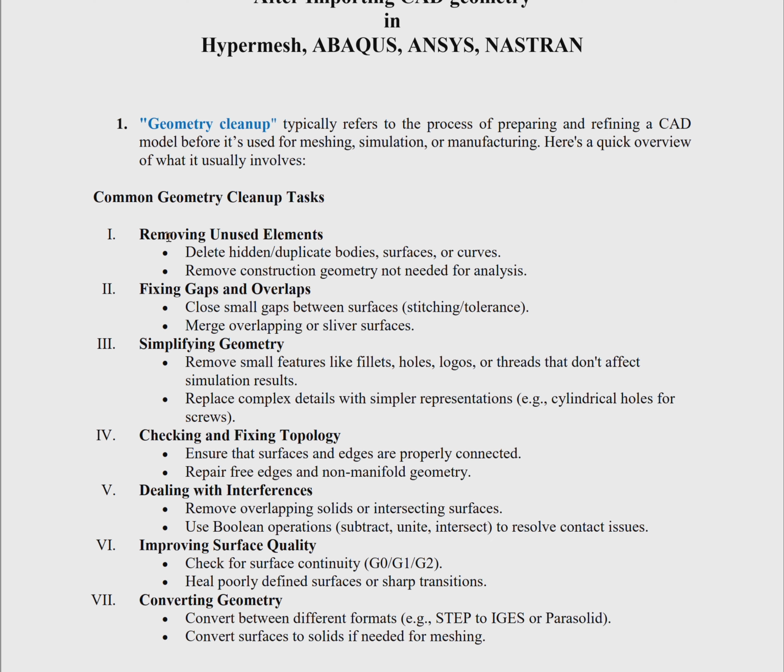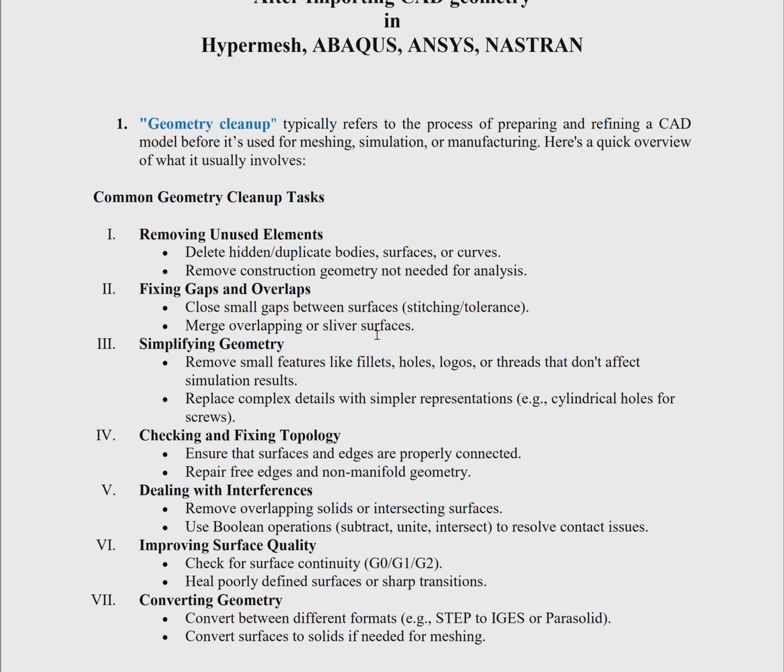Removing unused elements: we can delete hidden or duplicate bodies, surfaces or curves from the geometry. Remove construction geometry not needed for the analysis. So these things can be removed. Fix gaps and overlaps: close small gaps between surfaces.